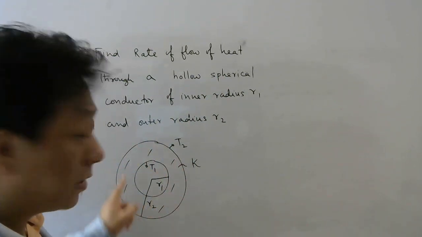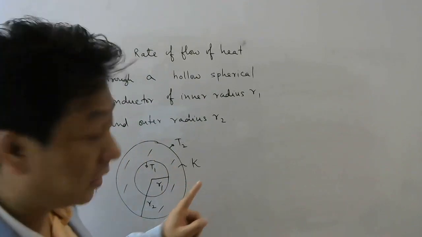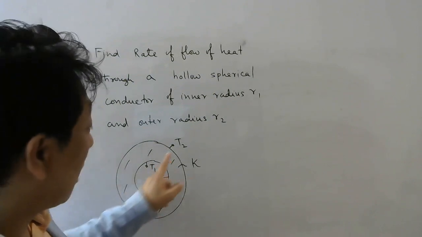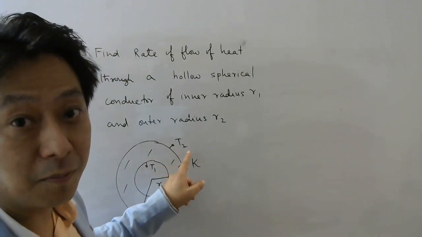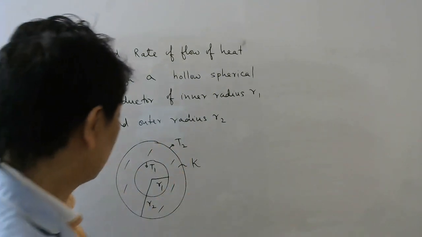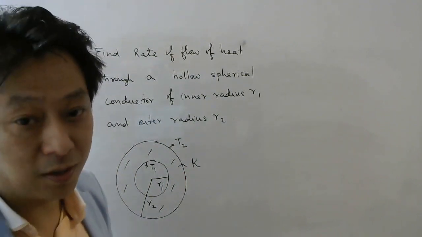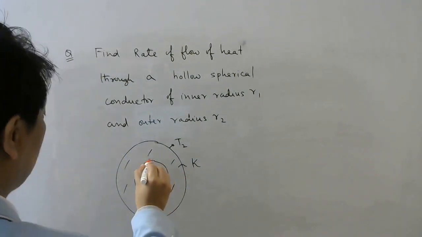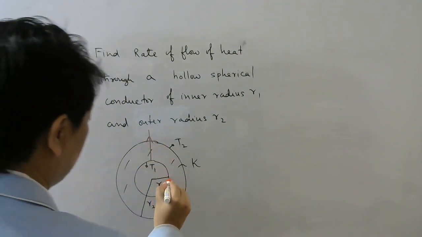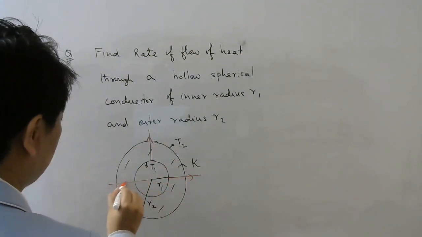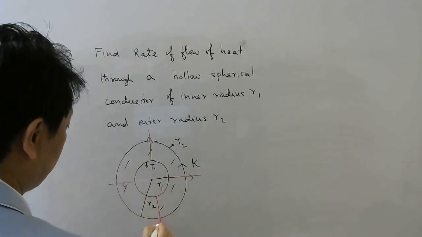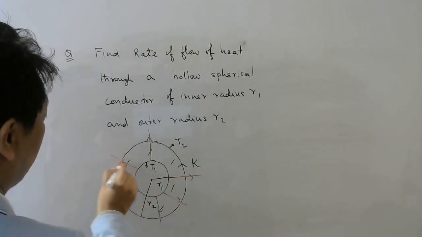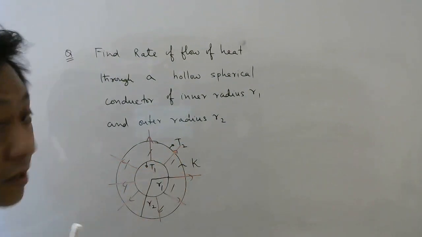And this material has thermal conductivity K. Inner surface is maintained at temperature T1, outer surface is maintained at temperature T2. So how will the heat flow? Well, the heat will flow from higher temperature to lower temperature, isn't it? So it will flow radially outwards, right? Something like this. So we need to find the formula for the rate of flow of heat.